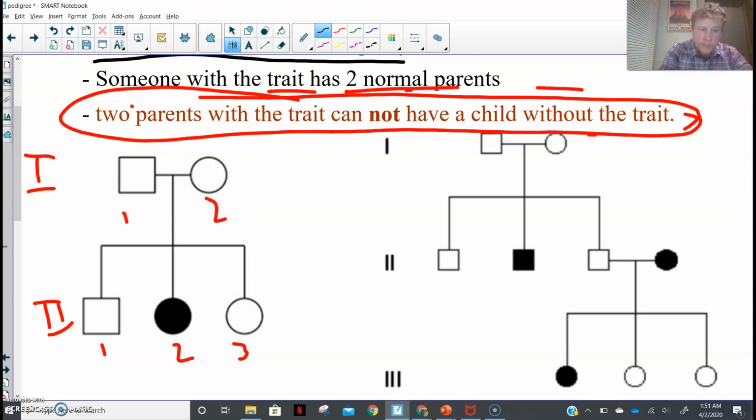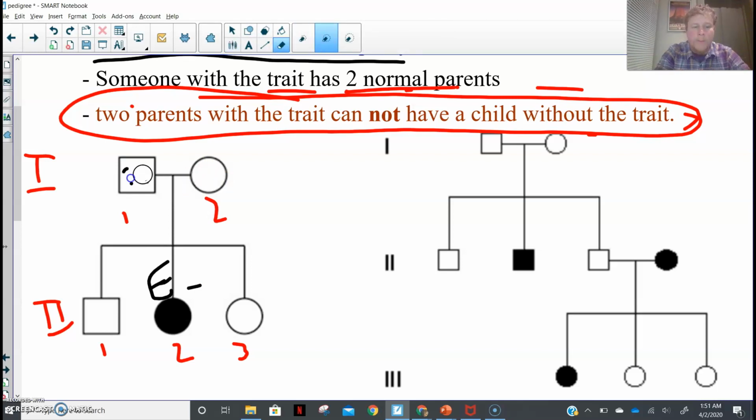I'll tell you what's not possible. We can't have little e times little e give us big E anything. It's not possible, because one of those two parents would have had to have a big E to give it. So that tells us if we have two parents without the trait, we can't have two recessive parents have a child that's dominant.